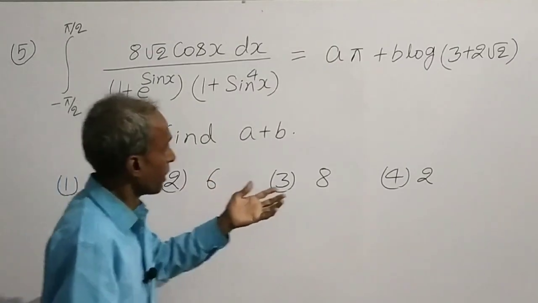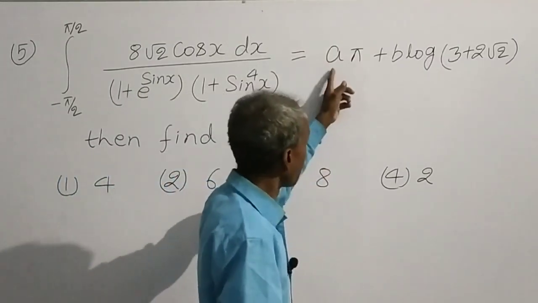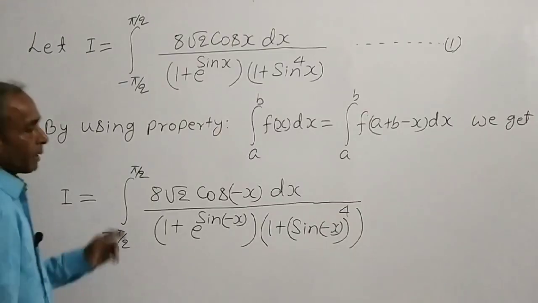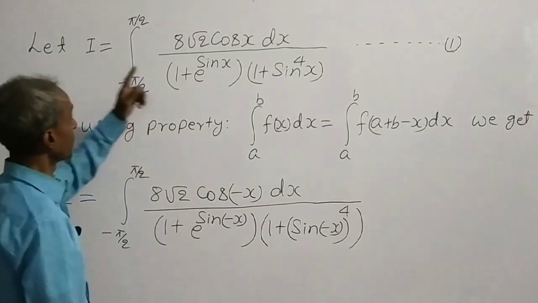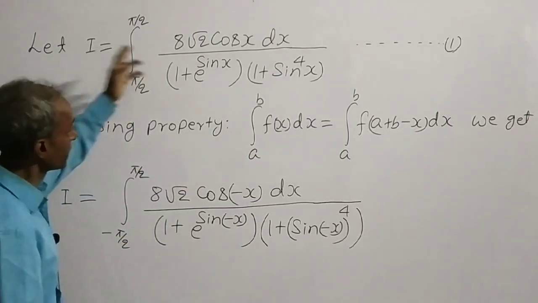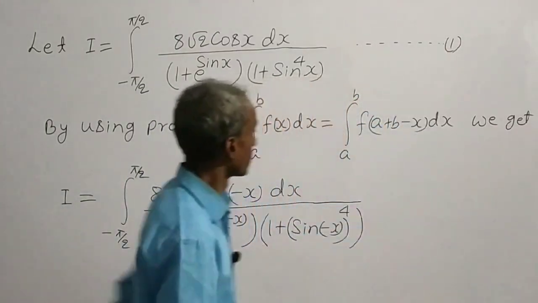Only then will we be in a position to find the values of A and B. Let I be equal to this integral. Again, suppose I is equal to this integral as one number.